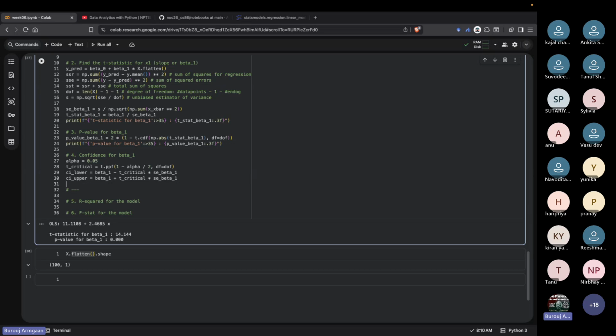Your CI upper would be the sum of the same thing, and then we can print once again.